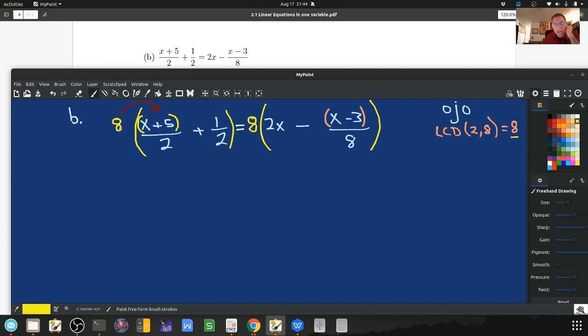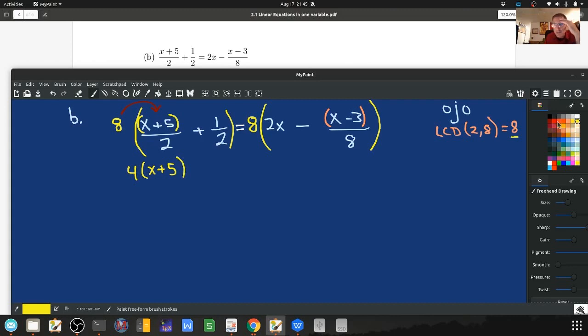So 8 divided by 2 is 4, times (x + 5). I hope I'm not driving you all crazy by changing the colors. Oh well.